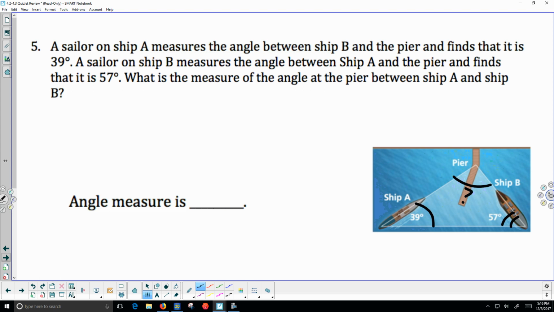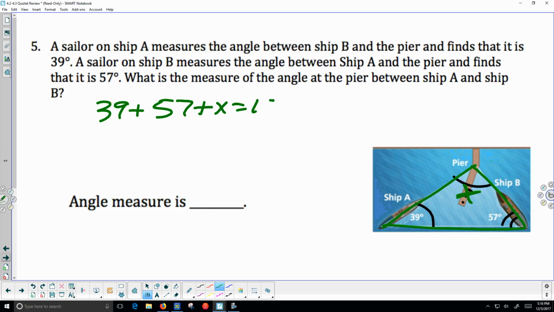Well, if you see this correctly, we have a nice triangle going on here, which means that if I add up all 3 angles of the triangle, meaning this is x, because we don't know it, it should add up to be 180 degrees. So 39 plus 57 plus x equals 180. All right, we simplify some things.